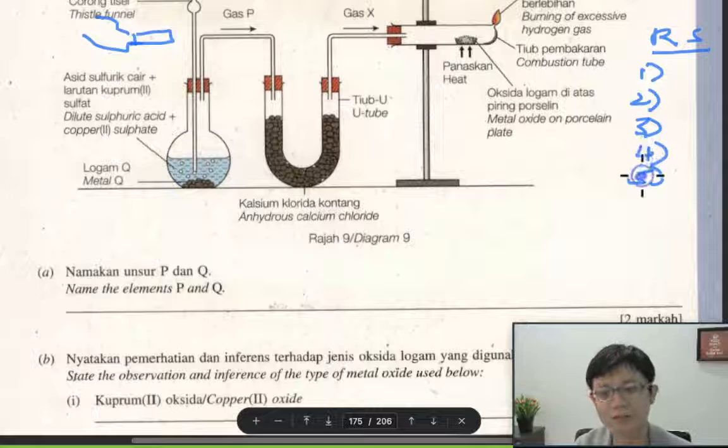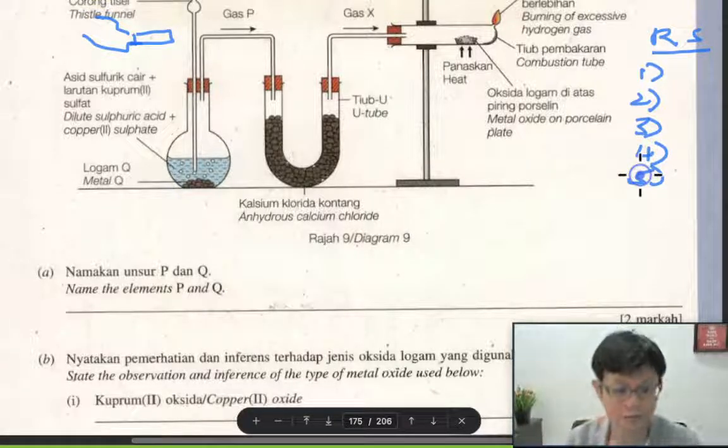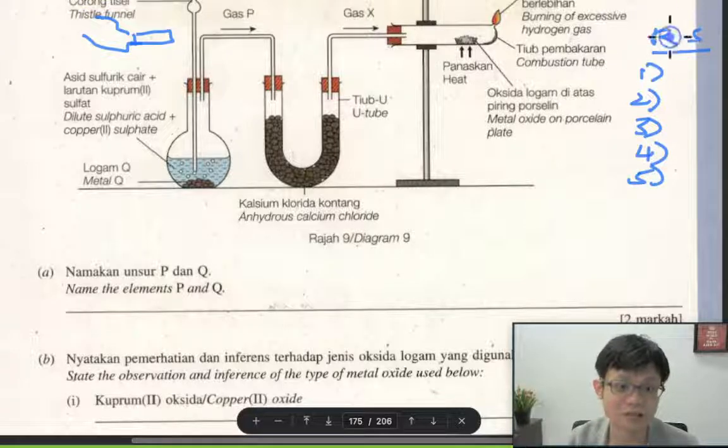Whether you want to memorize it or not, you still need to know it when you are in Form 4 and Form 5. If you don't memorize it now, it means you will memorize it before the SPM exam, so it's still the same thing.